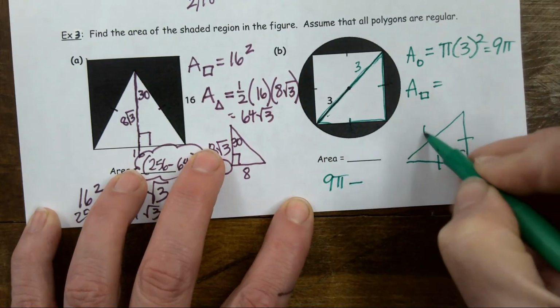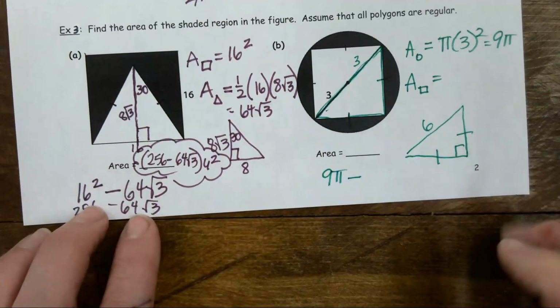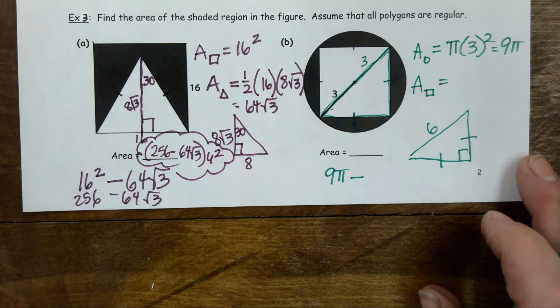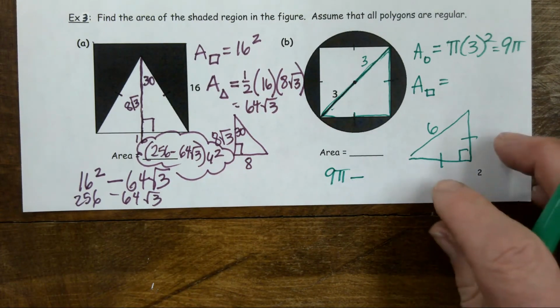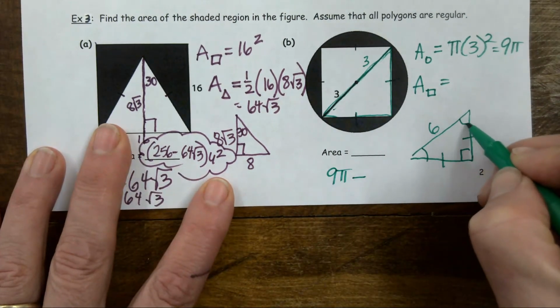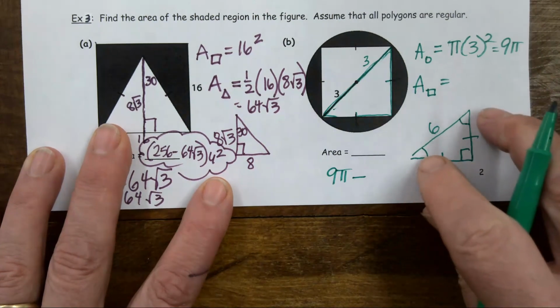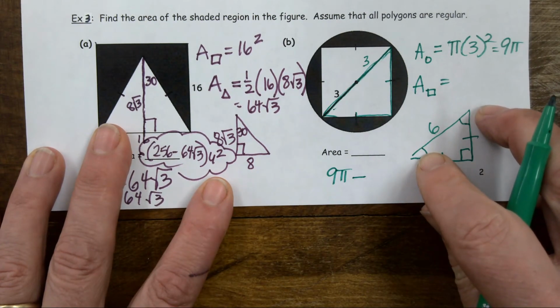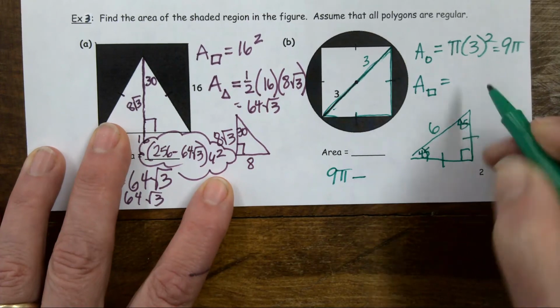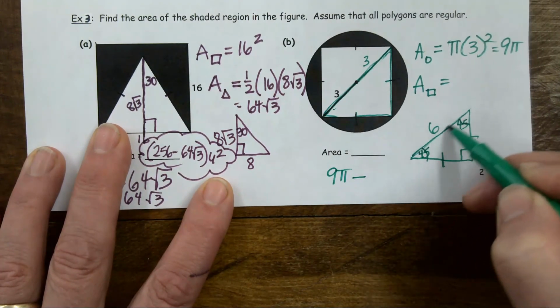What kind of triangle did we just create? 45, 45. How do we know that? If these 2 sides are congruent, these 2 angles have to be congruent. And if these 2 congruent angles have to equal 90, we can just divide 90 by 2, so that's a 45, 45. What do I know on this 45, 45 triangle?